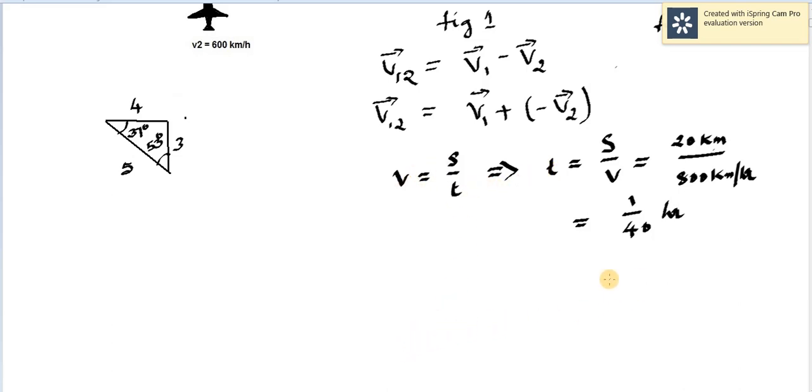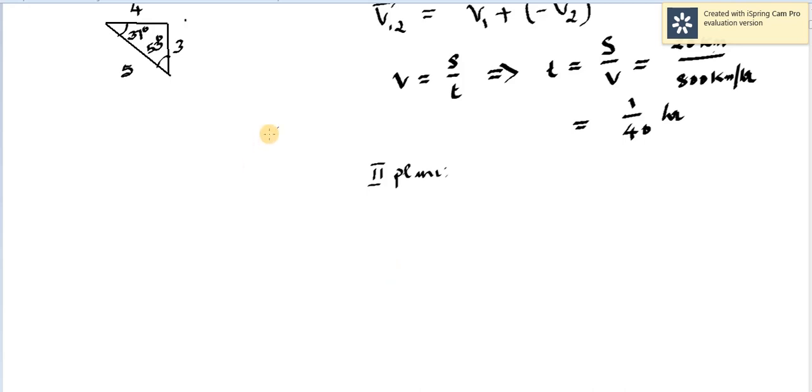We will do the calculation for the second plane now. Again we use the same relation, V is equal to distance travelled over time. This implies we need to know the distance which the second plane would have traversed when the first plane reaches the point O, which is the intersection point.